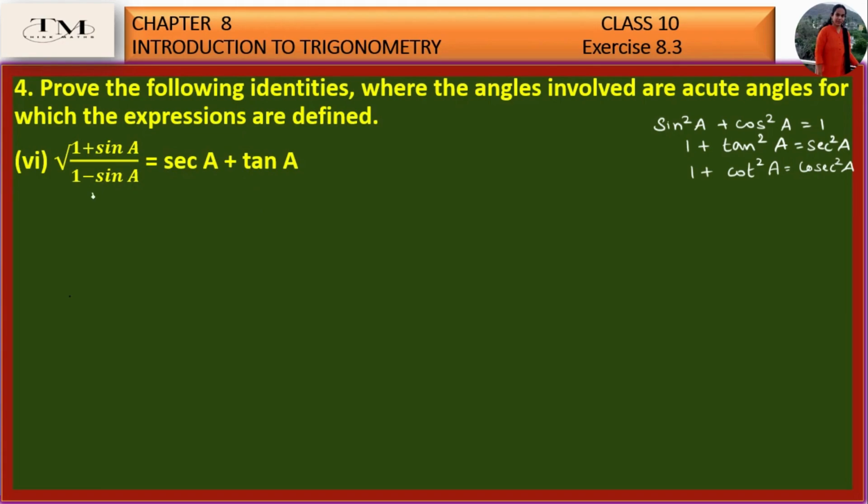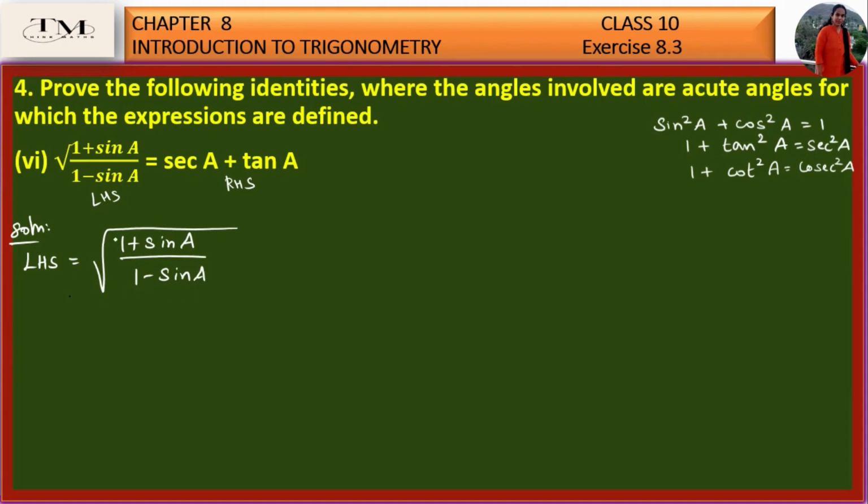This is LHS and this term is RHS. I am going to take LHS. LHS is square root of (1 plus sin A divided by 1 minus sin A). We cannot simplify further, so we can take the conjugate.